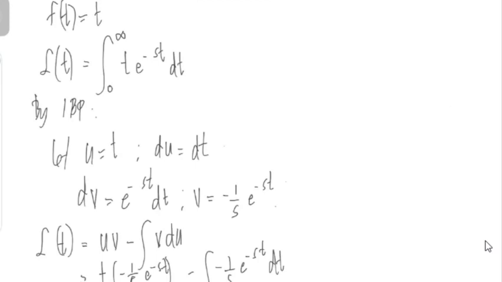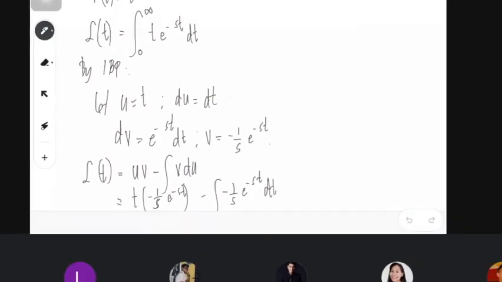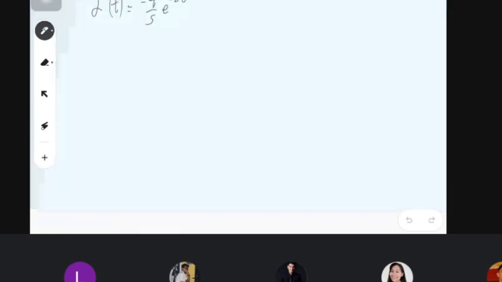Simplify natin. Magiging negative t all over s, e to the negative st. Magpa-positive na. 1 over s, okay? Integrable na, no?